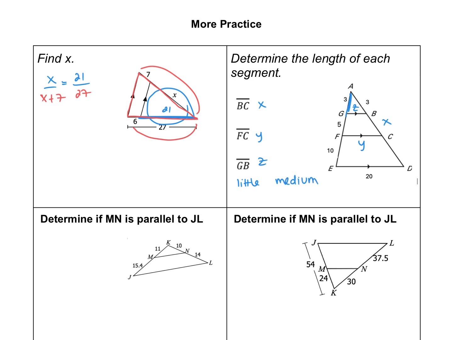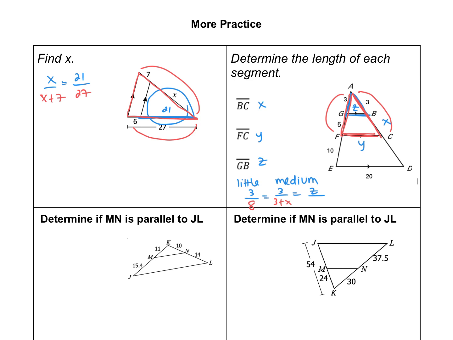So this is our little triangle, which has sides of 3, 3, and Z. If we compare that to the medium-sized triangle, which is this one right here, we have this side, which is 8. We have this side, which is 3 plus x.